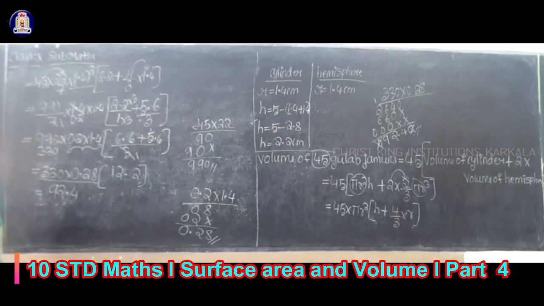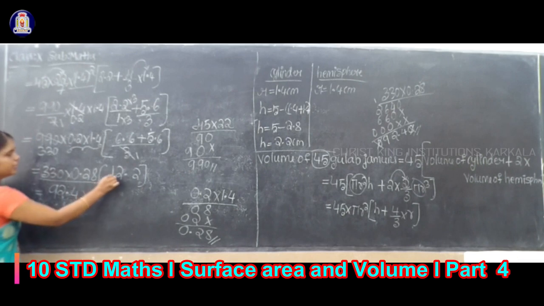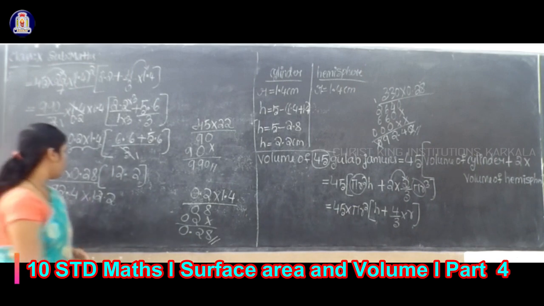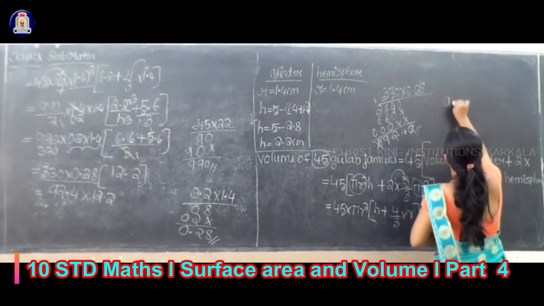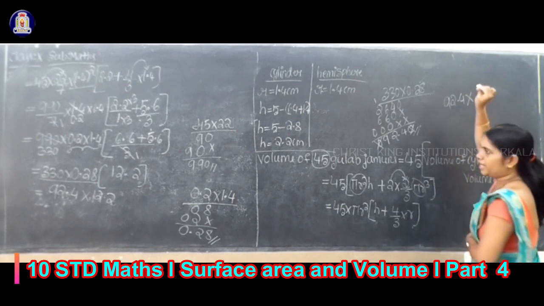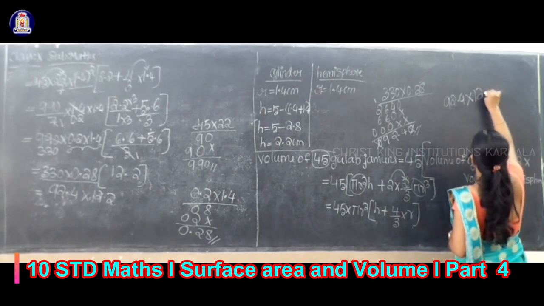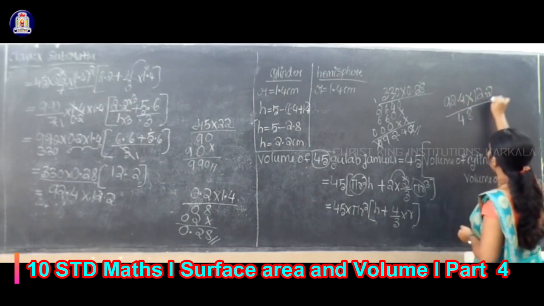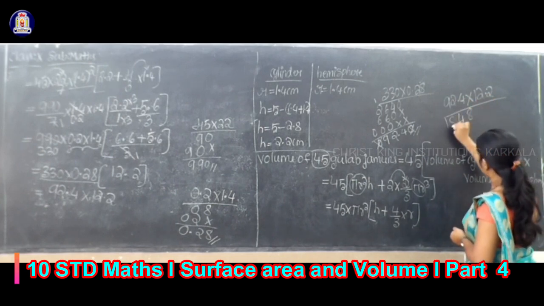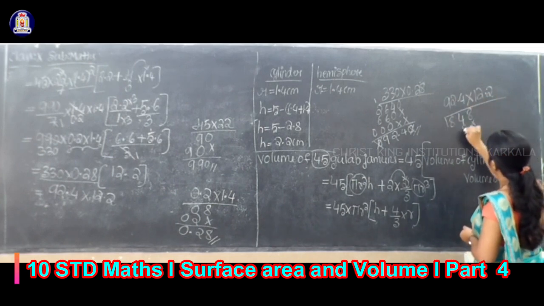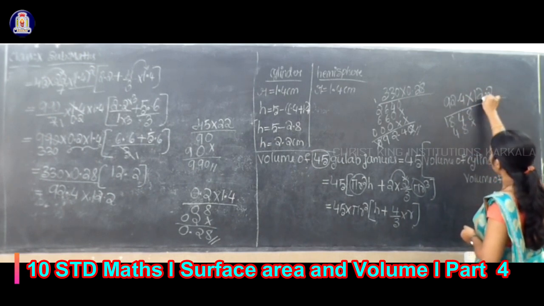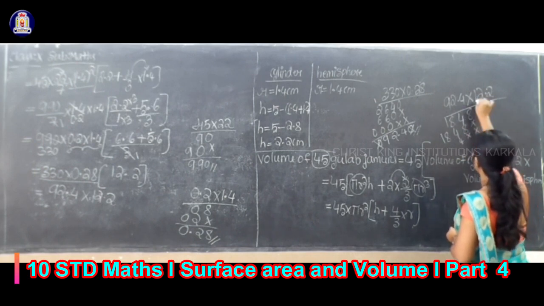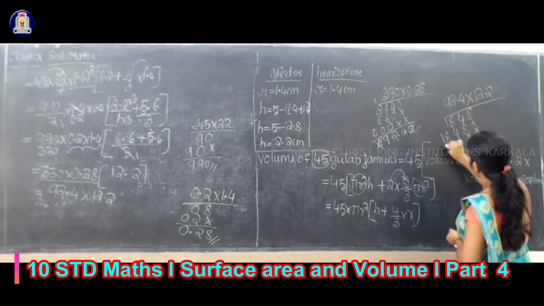Okay. Yes. So now 92.4 into 12.2. Okay, we'll multiply 4 2s are 8, 2 2s are 4, 9 2s are 18. Again 2 4s are 8, 2 2s are 4, 2 9s are 18. Once again 1 4s are 4, 1 2s are 2, 1 9s are 9.